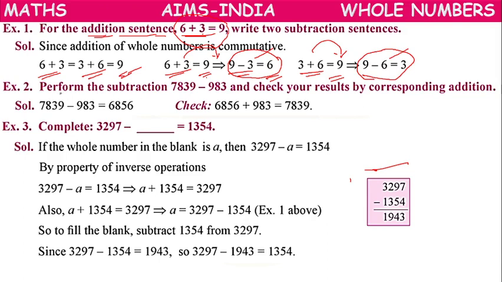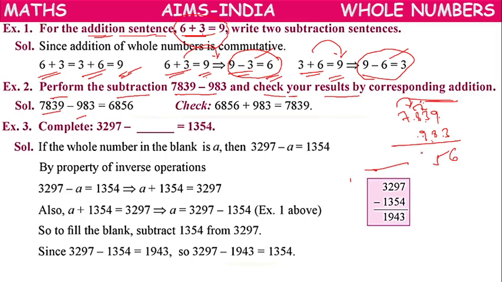Okay. So next, example 2. Perform the subtraction 7839 minus 983 and check your results by corresponding addition. So we have to do subtraction. 7839 minus 983. 9 minus 3, 6. 3 minus 8 we cannot do. We have to borrow 1, 13 minus 8, 5. Here 7 will be there. From 7, 9 we cannot remove, borrow. From 17, 9 means 8. So here 6 will be there. 6856.